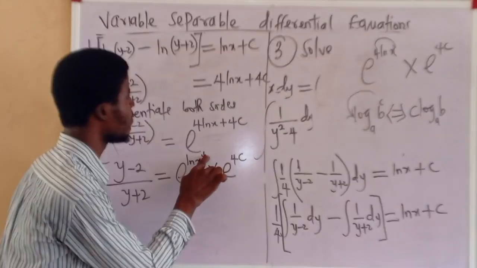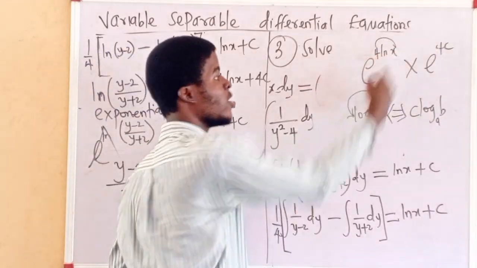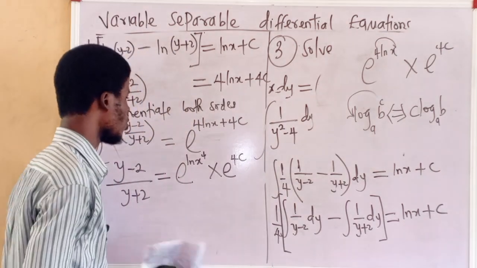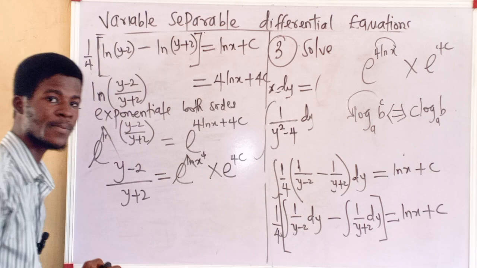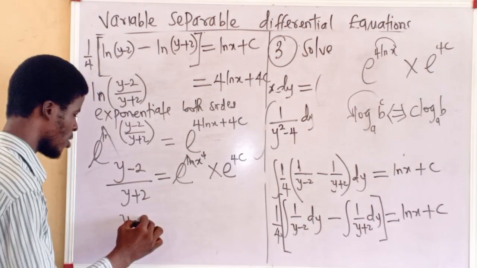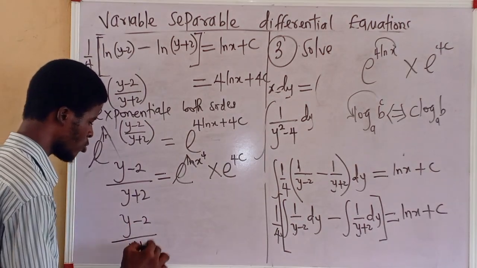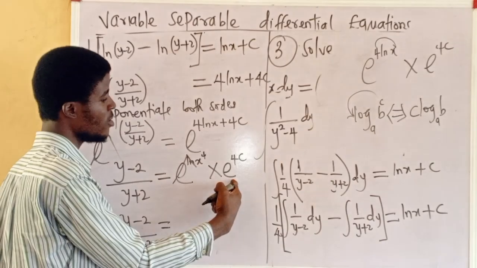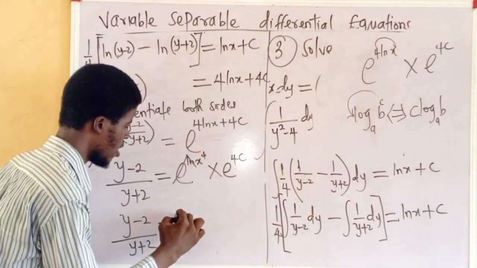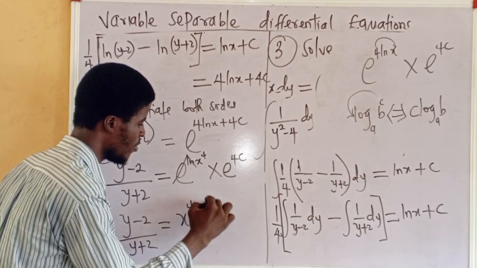Ln x to the power of 4 is equivalent to 4 ln x. Based on what we did here, this e will take away the ln. We are now left with y minus 2 all over y plus 2 equal to x to the power 4 times e to the power of 4c.